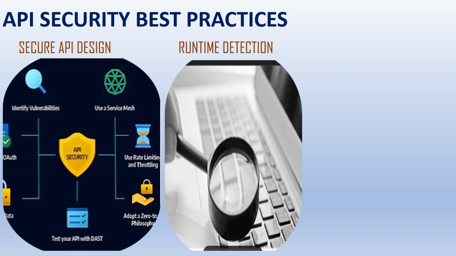The main goal of runtime detection is to identify and respond to security threats and vulnerabilities in real time. This is in contrast to relying on static security measures implemented during development or deployment.